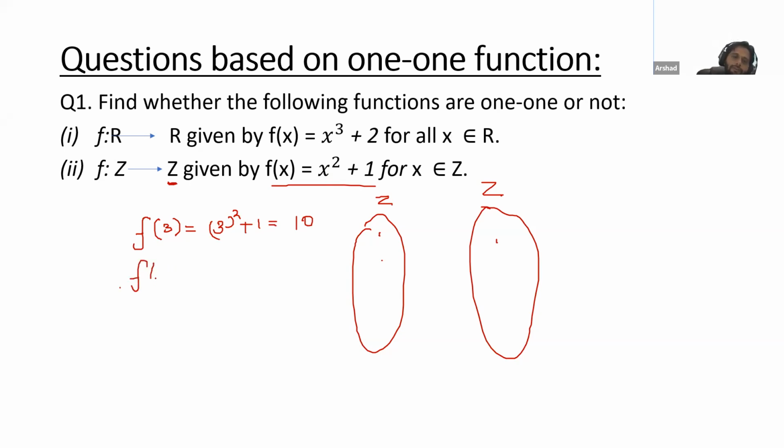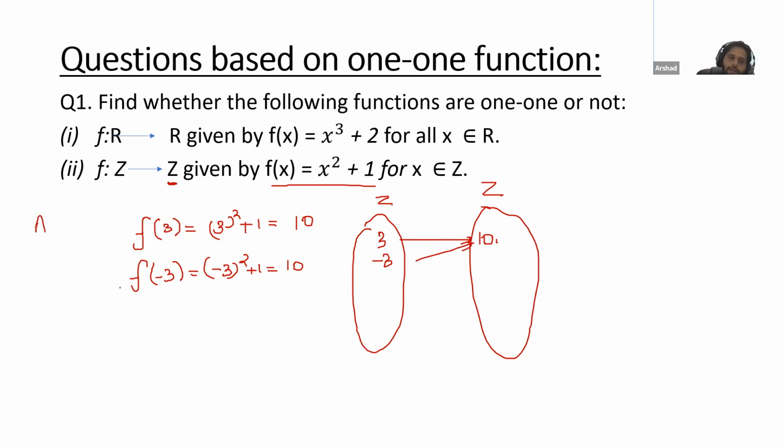Next, please find the value of f(-3). Again 10. So (-3) squared plus 1 is equal to 10. So 3 and -3 have the same image. So the function is not one-one.